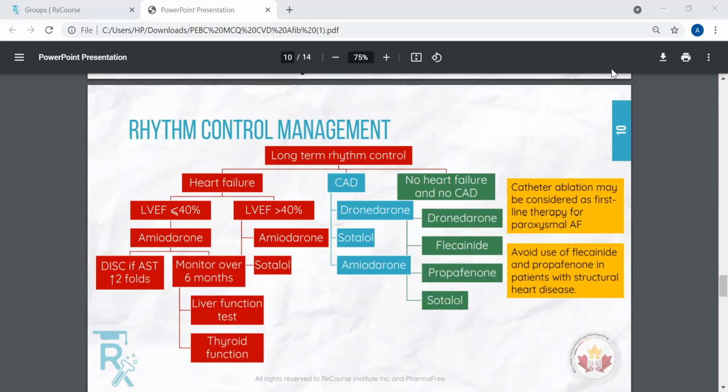If it's persistent atrial fibrillation, we are still at the stage of taking both antiarrhythmics, something for rhythm and something for heart rate. If it's persistent atrial fibrillation, which we define as between 1 week and 1 year, the first thing we might think of is cardioversion.